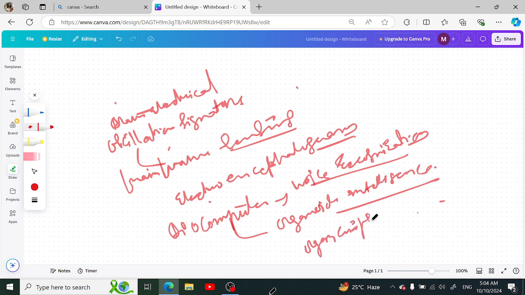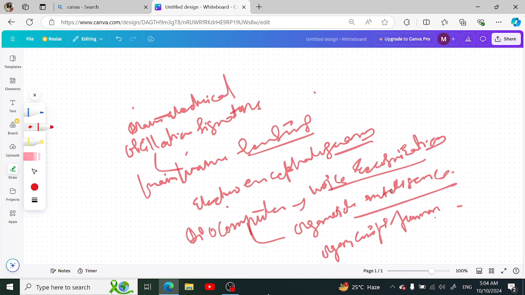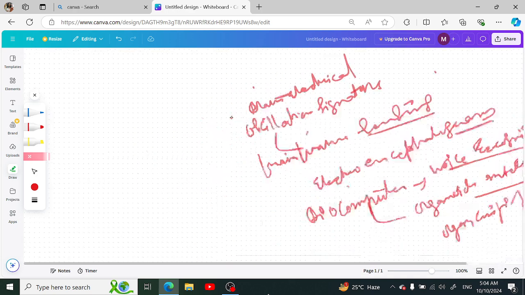Okay, next are organ chips. These contain engineered, natural miniature tissue that functions like a living human organ. They maintain the tissue-specific function of human cells, with a tissue-like structure.